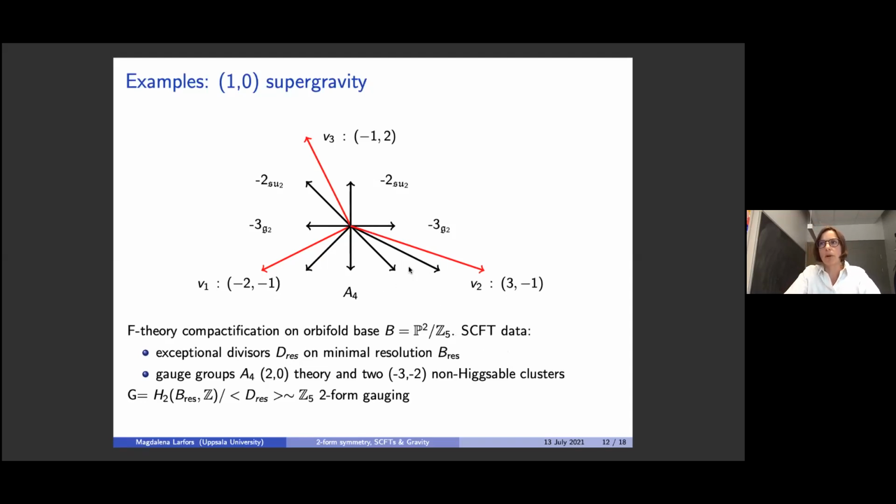We have an A4 here, and then there are 2 non-Higgsable clusters with these -2 and -3 curves. And if we compute the 2-form symmetry that is preserved by strings wrapping these resolution divisors, we find a Z5 2-form gauging.